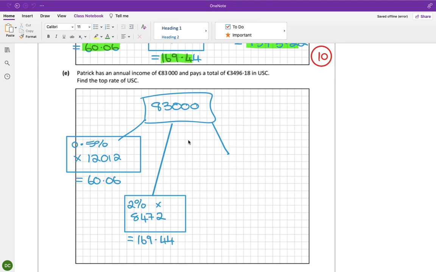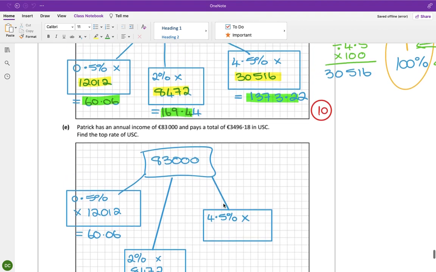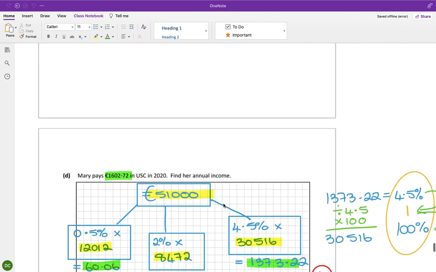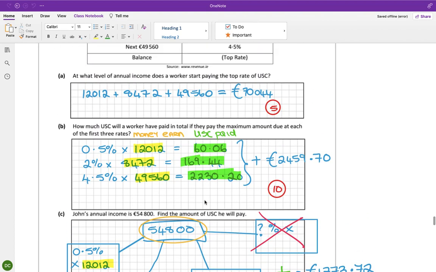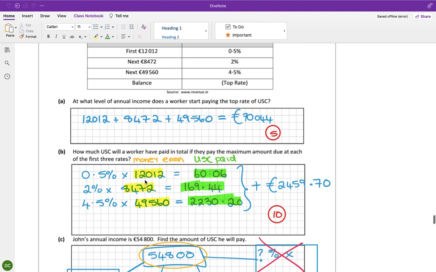The third pile is the 4.5%. Now, I need to go back up and get this when it was full. Not that one, not that one, this one. So it's 49560 of the money, and the USC is 2230.20.